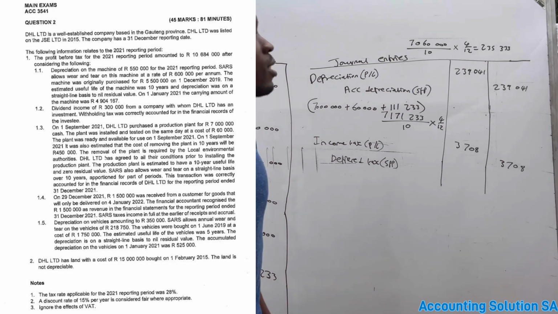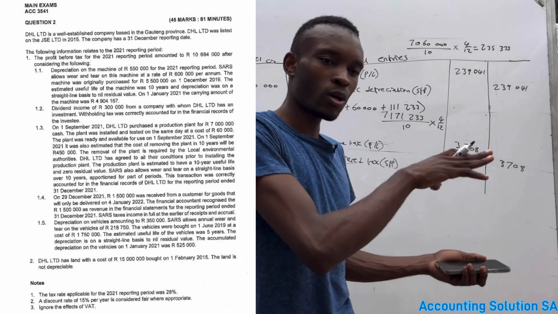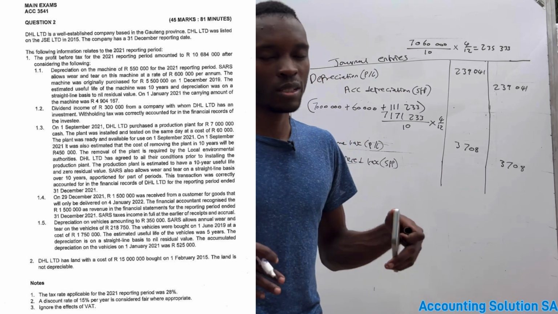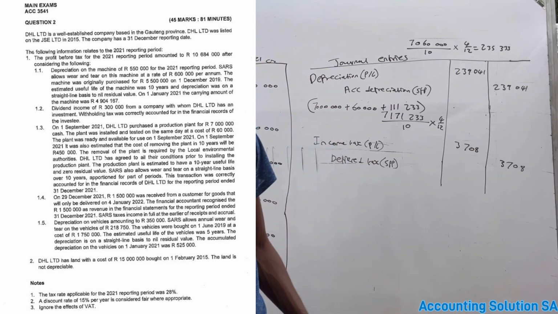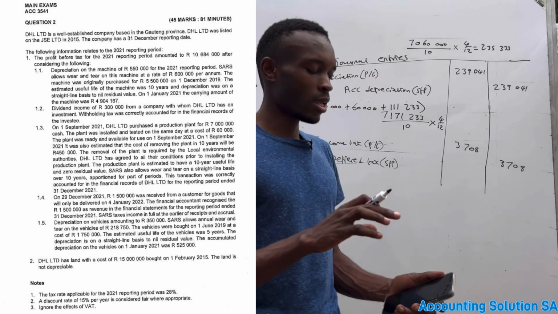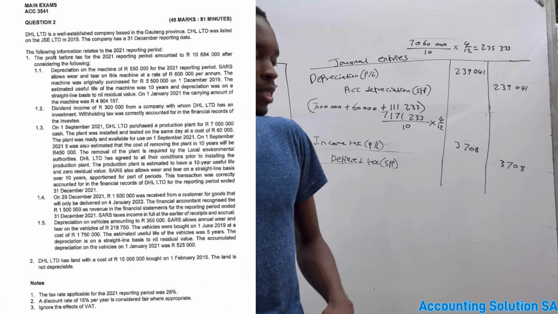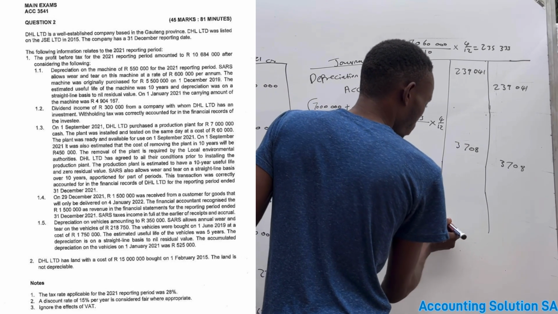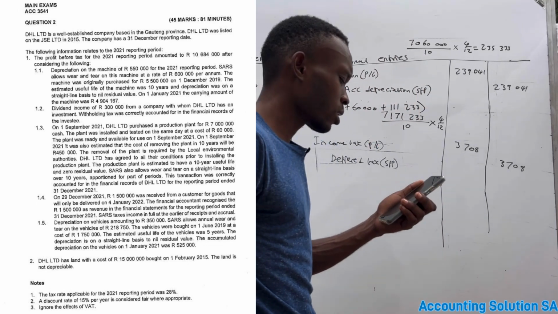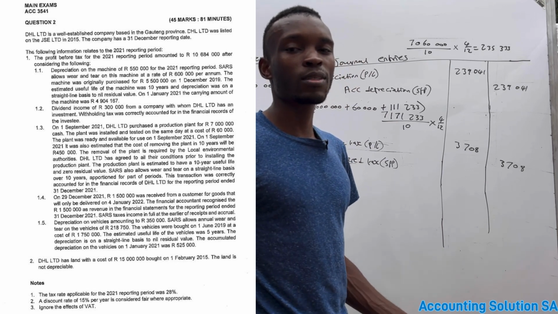In other words, SARS only taxes when the business has delivered to the customer, not when they receive money. That simply means they can't tax this amount because it is for goods that are going to be delivered next year. So what do we do in this case? We have to make a correction because the accountant recognized it as revenue, and it's not revenue because we haven't yet delivered. This is income received in advance.